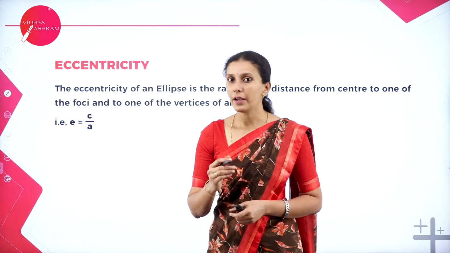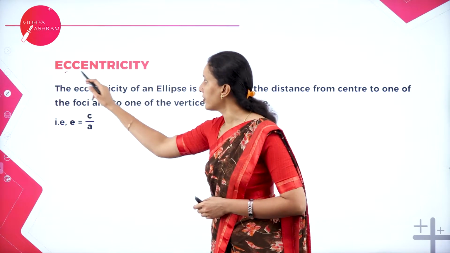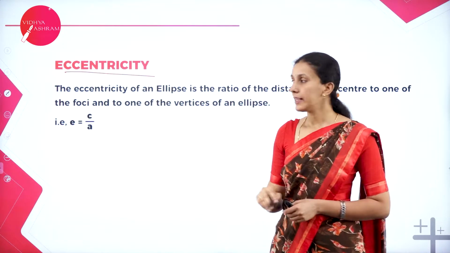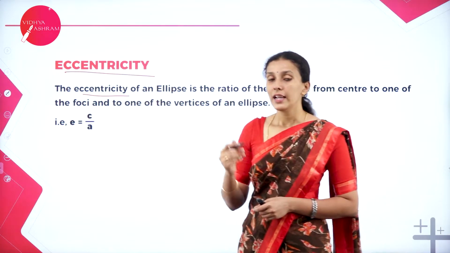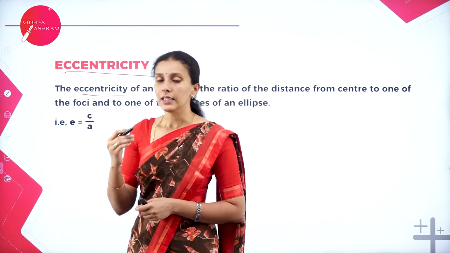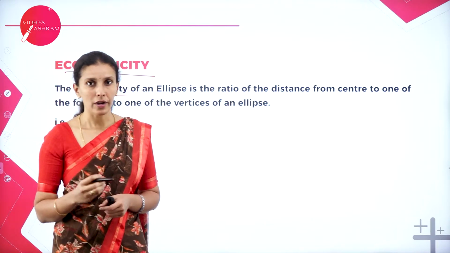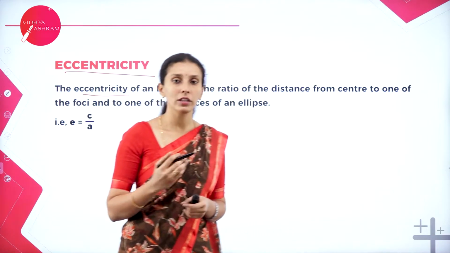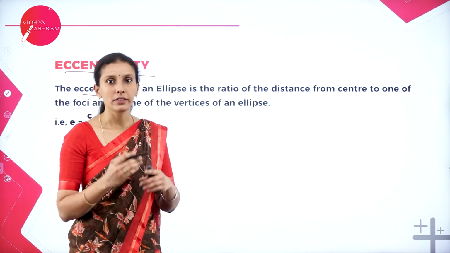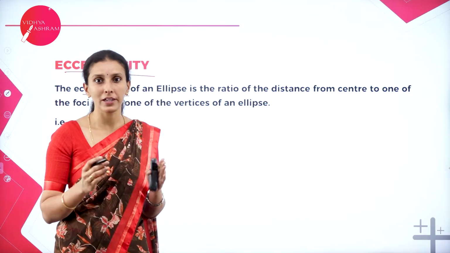Next, we have one more concept called eccentricity. What do you mean by eccentricity? Eccentricity of an ellipse is the ratio of the distance of the foci from the center to any one of the vertices. What are the vertices of an ellipse? The vertices of an ellipse lie on the major axis.